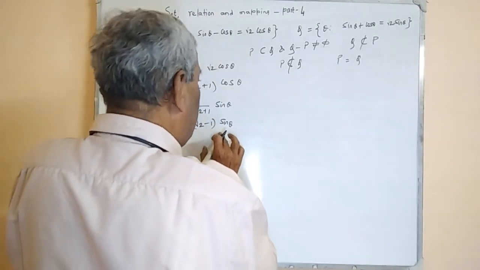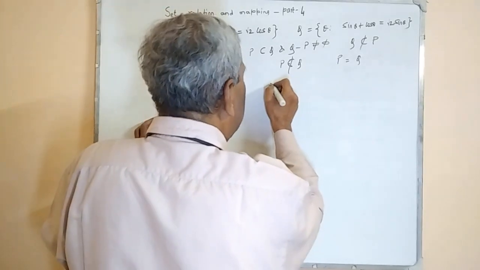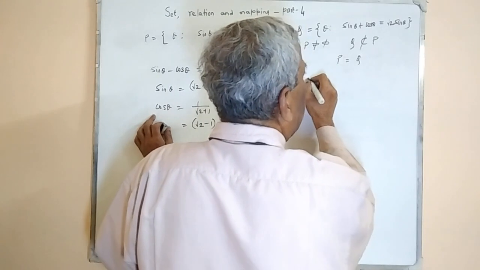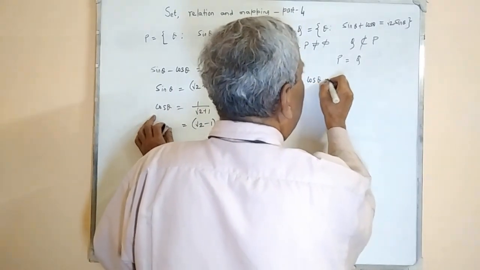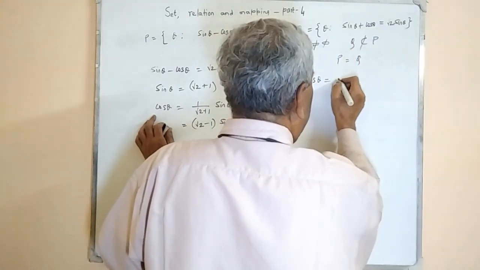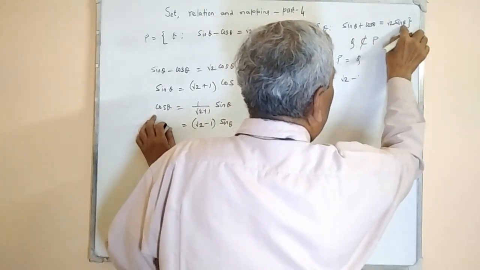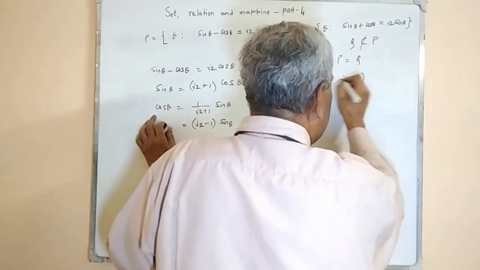And P is the set of theta which satisfies this equation. Similarly, for Q, cos theta plus sin theta is root 2 sin theta, so cos theta is root 2 minus 1 sin theta.